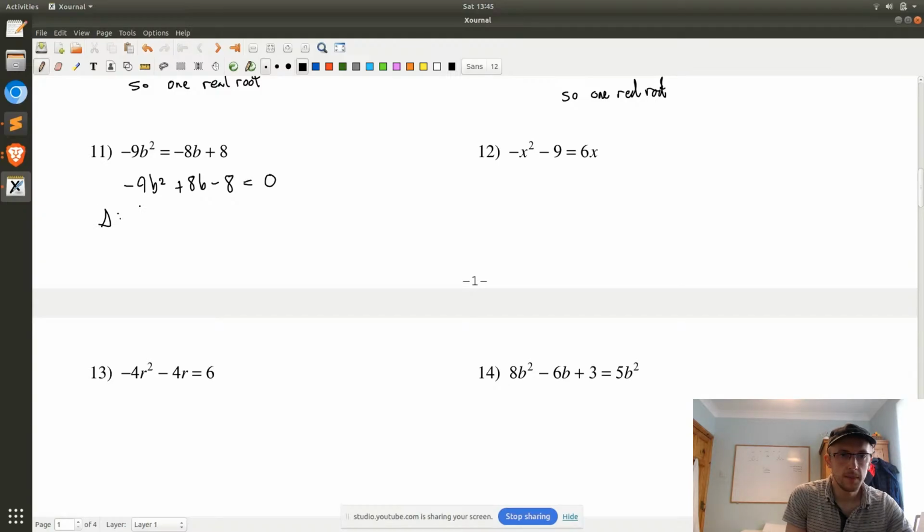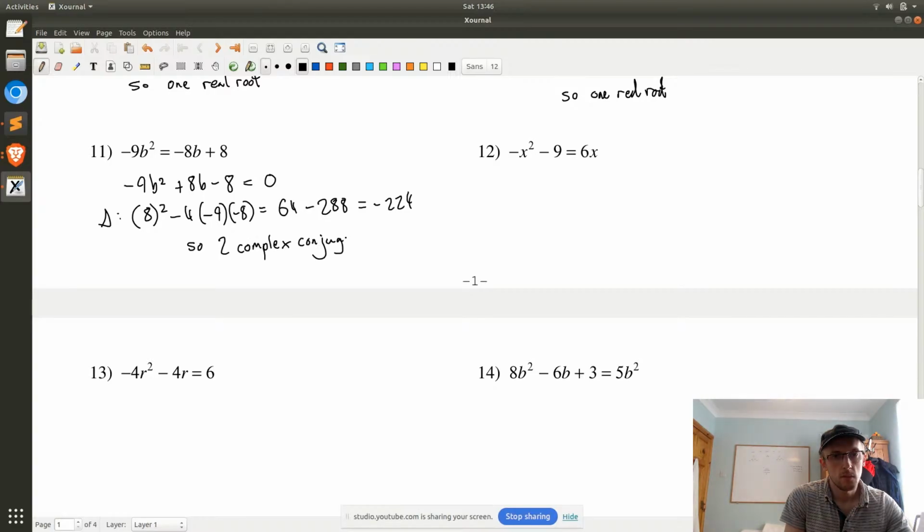Okay. 64 take 288 is negative 224. So two complex conjugate roots.